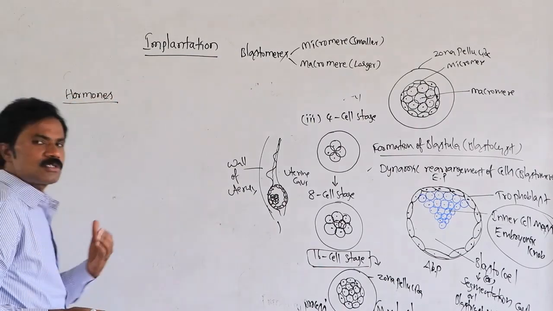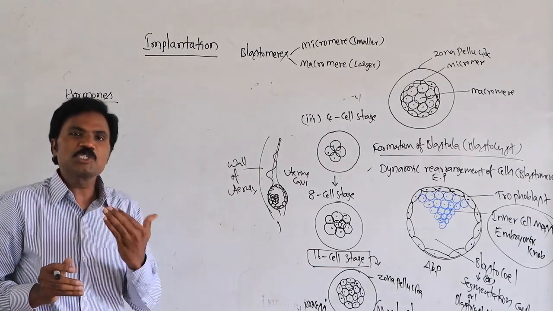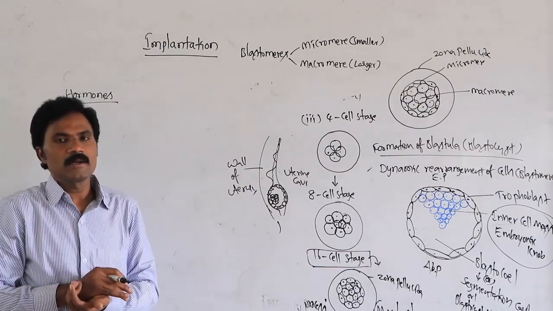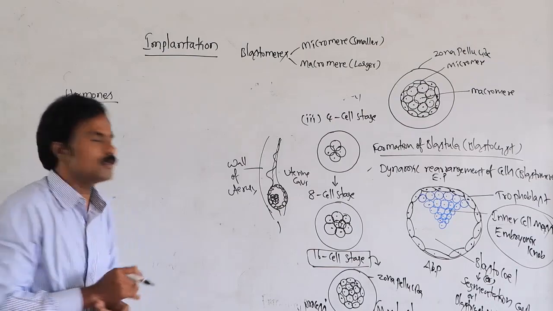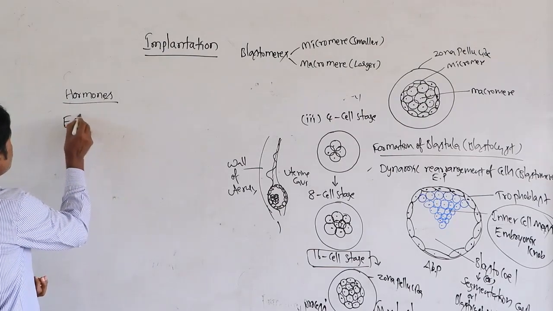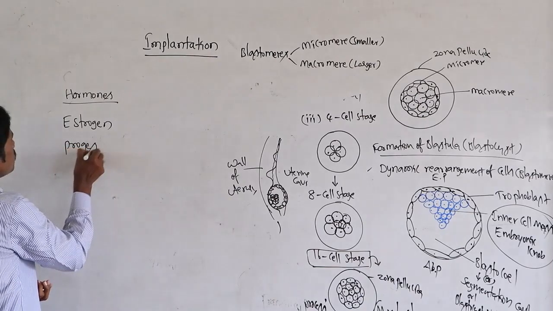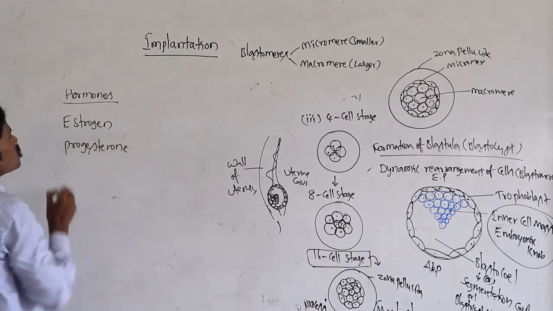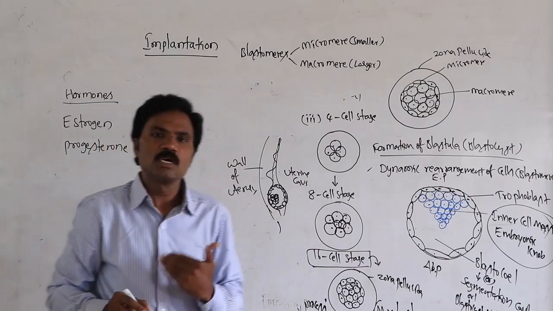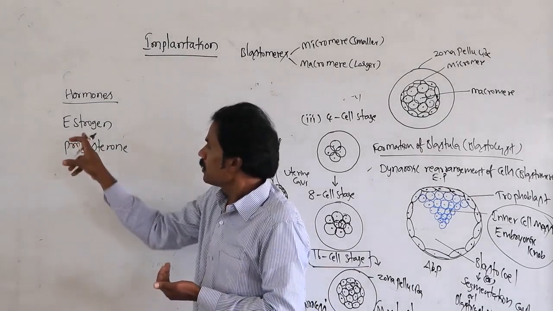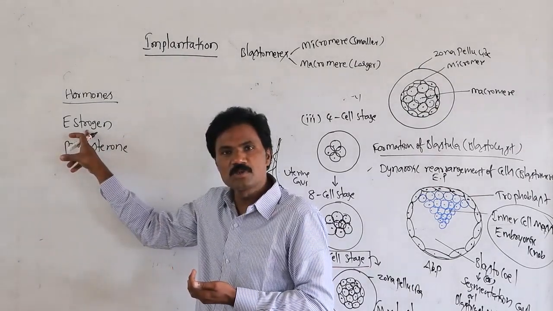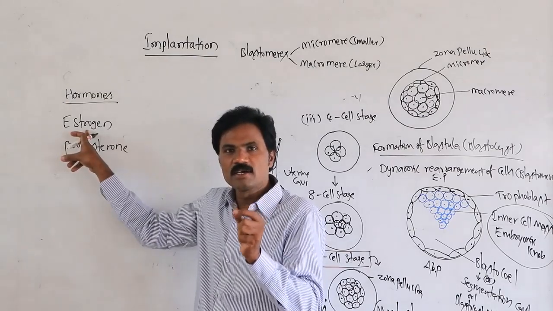What type of hormones control this one? Estradiol, or estrogen, commonly called estrogen, as well as progesterone. These two hormones are controlling it. So estrogen, where will this estrogen be secreted? By the Graafian follicles.